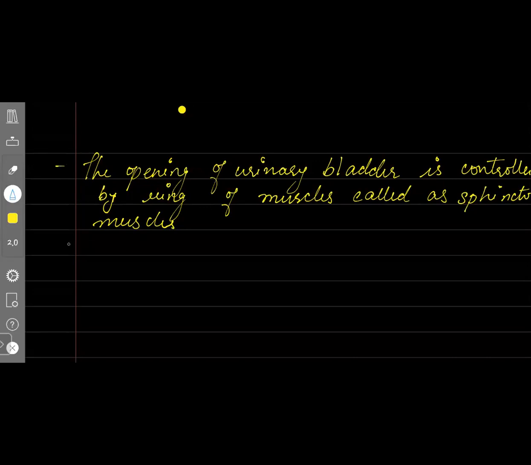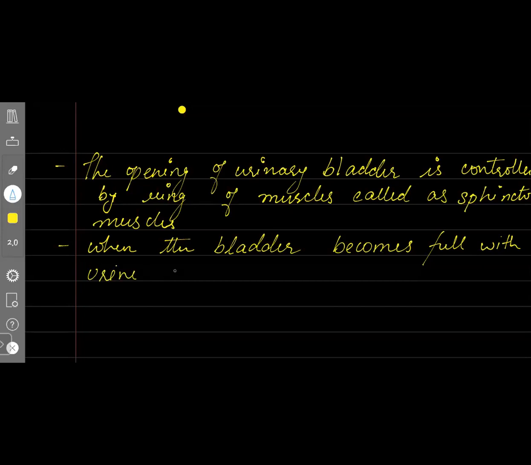Now, when the bladder becomes completely full with urine, this sphincter muscle opens and allows the urine to come outside.